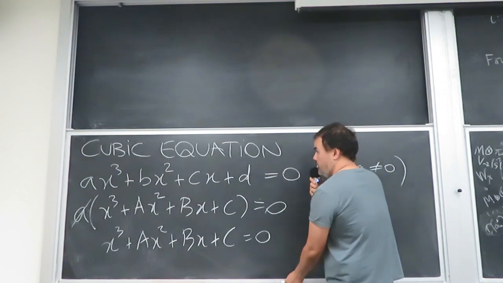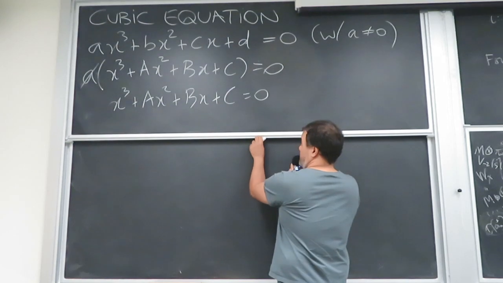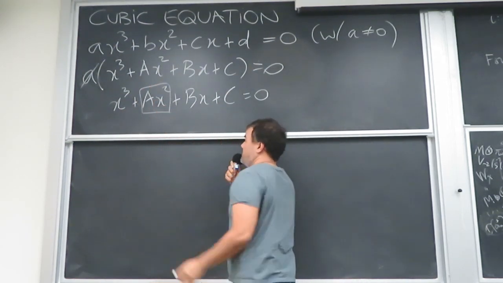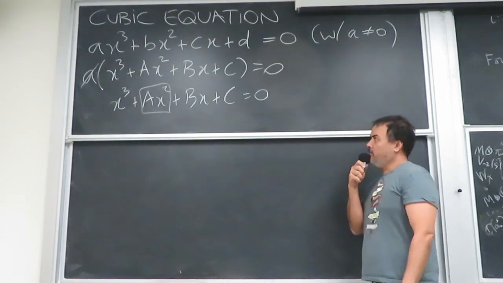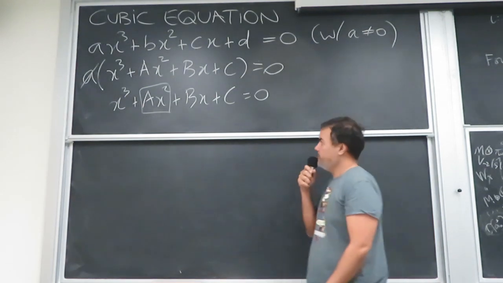The second one is that we can get rid of this coefficient here in such a way that the polynomial doesn't have a quadratic part.